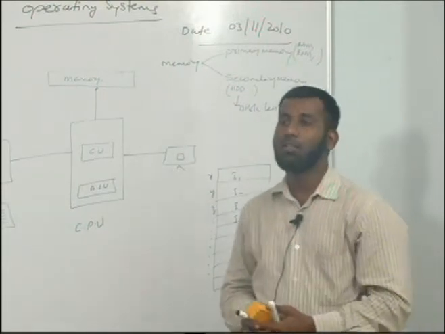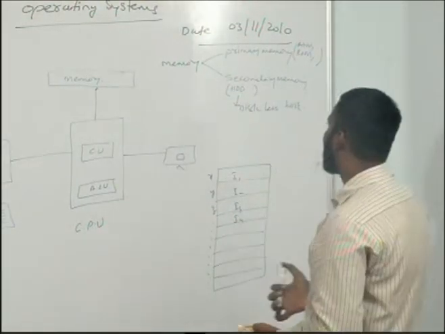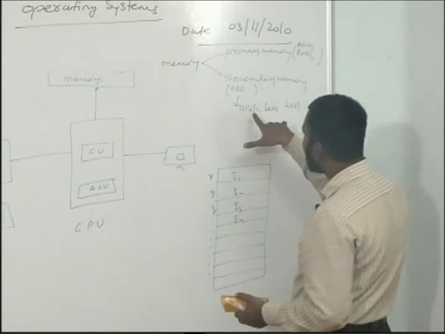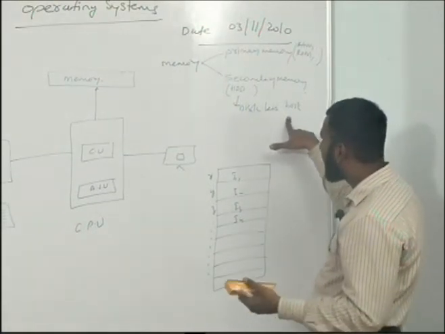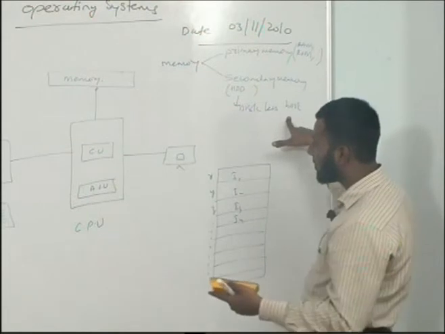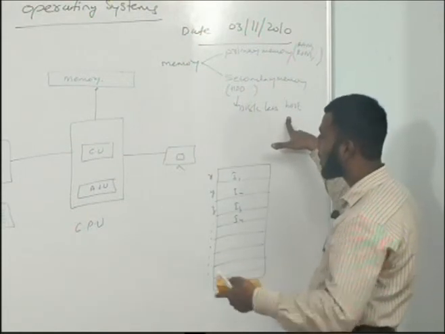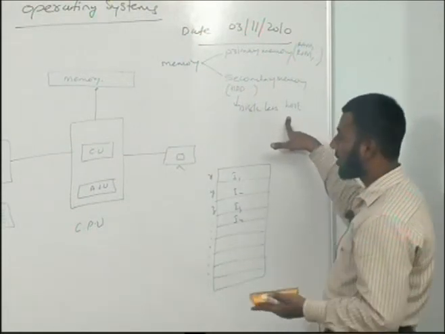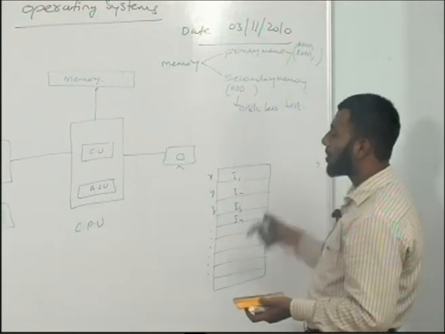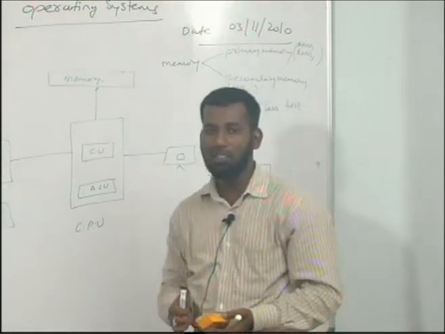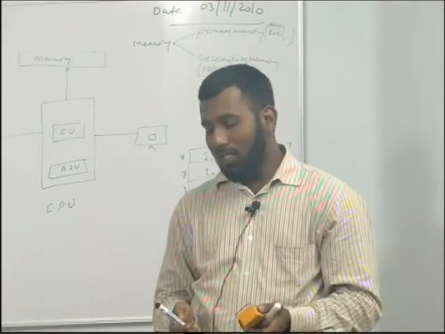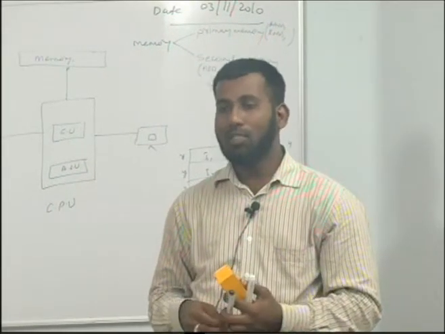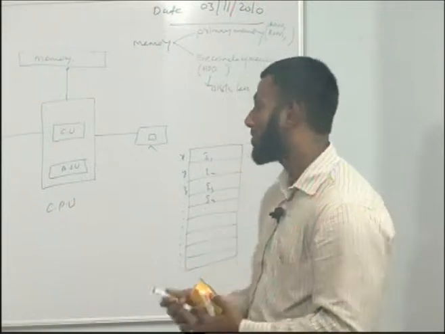This is called remote booting. So we have two types of booting. One is local booting, which we generally do on our machines, and another is remote booting, which is used only for those machines that don't have any secondary storage.